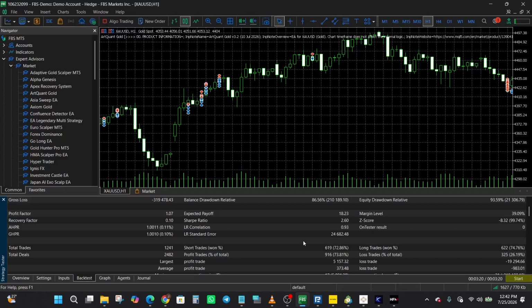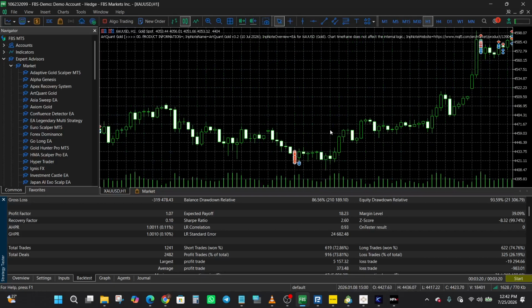So to wrap this up, from the available information, ArtQuant Gold looks like it is built for traders who already understand grid-based systems and are comfortable with the exposure that comes with them. It's not for someone looking for a low drawdown set and forget gold EA. Performance can shift meaningfully depending on your lot size, broker execution, the spread, and how you configure the exposure limits.